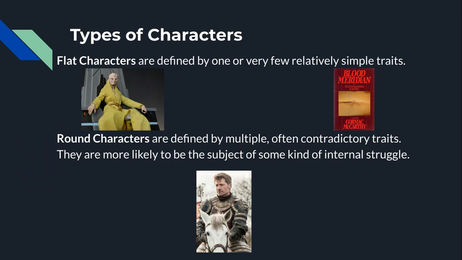If you're not familiar with that, you might think of Anakin from the Star Wars prequel trilogy, in which sometimes we see the character thinking and doing good things. Sometimes they're contradicting themselves and doing evil things. Or it doesn't necessarily have to be good and evil, but they have competing desires and competing drives, right? And so a lot of people think that this makes round characters feel a lot more realistic, a lot more like real people, right?